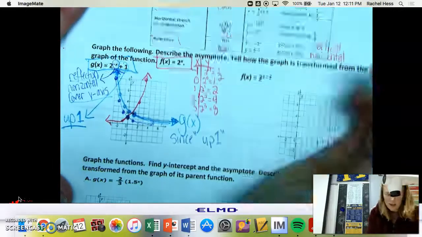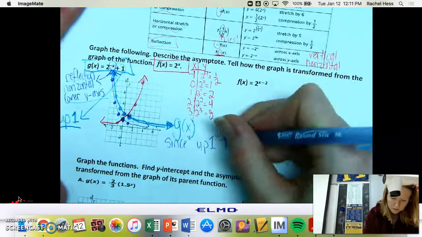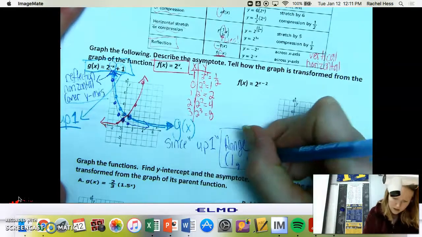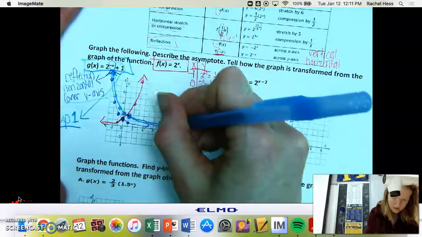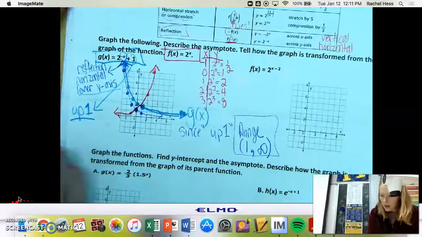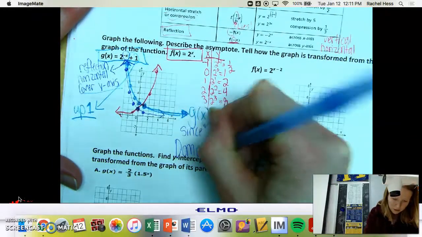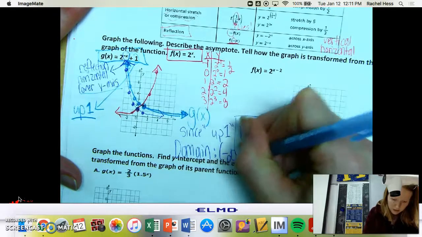But since we moved that up 1, that means that our range is now going to be starting at 1 and all the way up to infinity. Remember, we can't touch 1, even though this graph looks like it does. It's going to get infinitely close but never touch there. And then the domain, we didn't change anything about the domain. We can still plug in any x value that we want, so we could go from negative infinity to infinity.